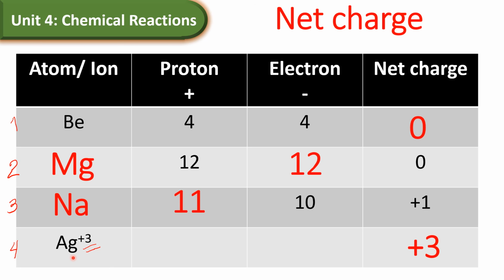The atomic number is 47. So what number should you subtract from 47 to get a value of positive 3? It should be 44, because 47 minus 44 is equal to positive 3.